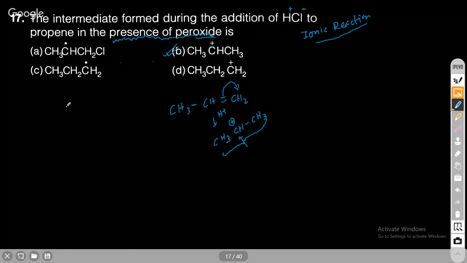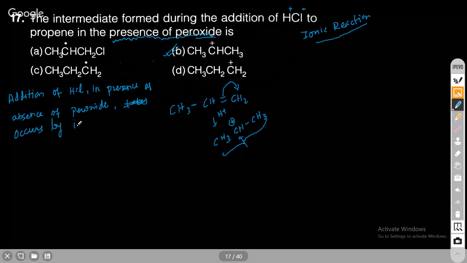Always keep this thing in mind, that addition of HCl, in presence or absence of peroxide or even light, takes place, or we can write it like this, occurs by ionic mechanism.